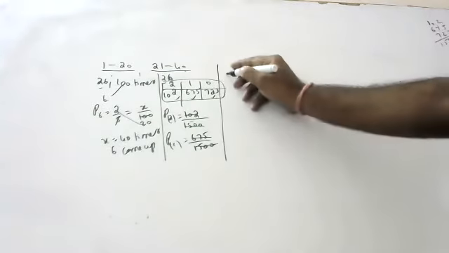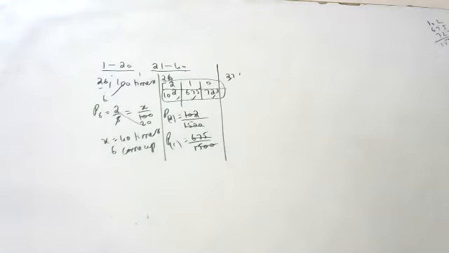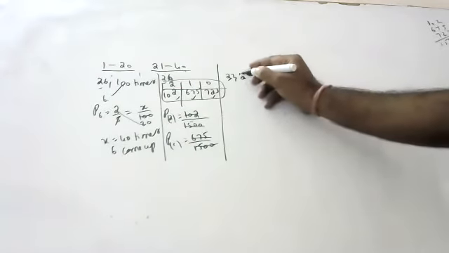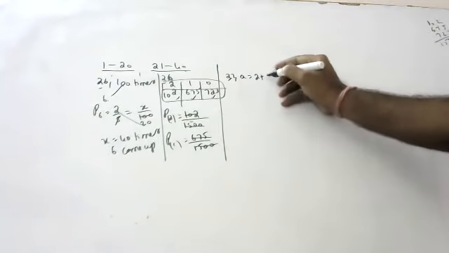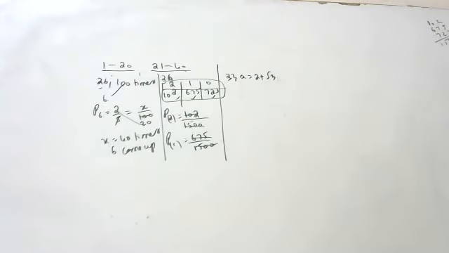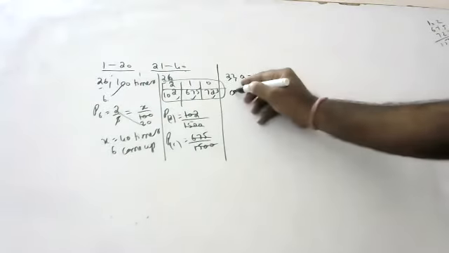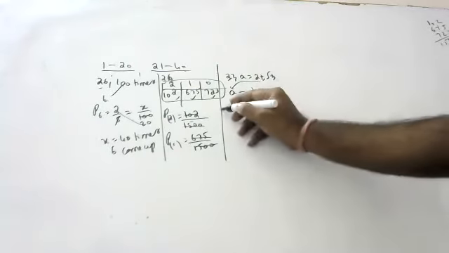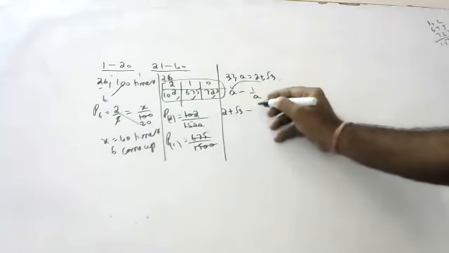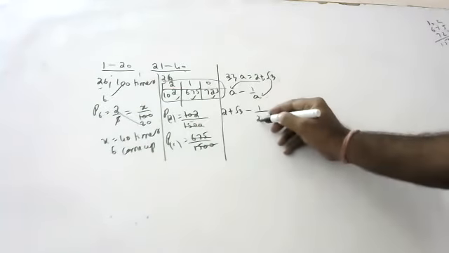Let's go to the 27th question, children. What do they say? A is equal to 2 plus root 3. What is the value of A minus 1 by A? This is the question. A is 2 plus root 3, no problem. But 1 by A is 1 by 2 plus root 3.